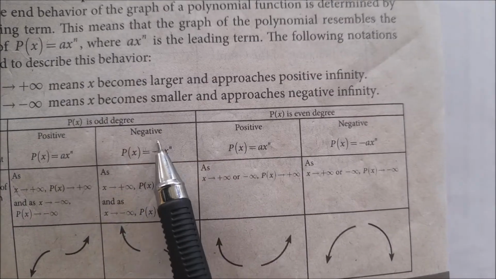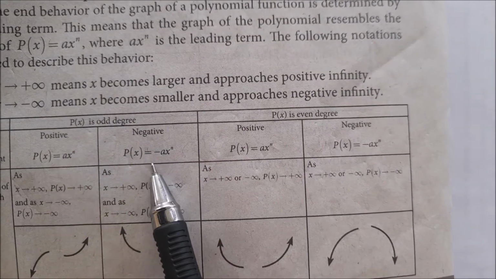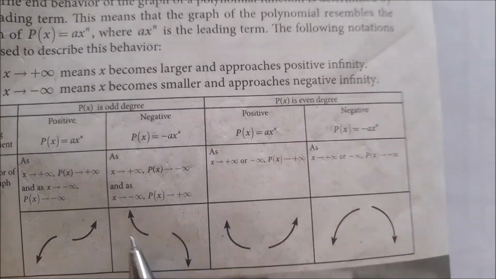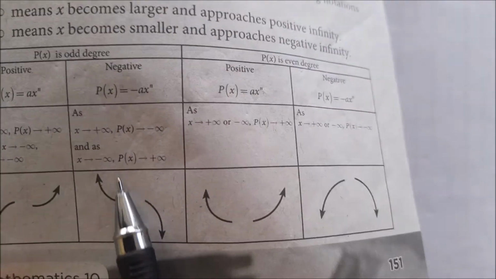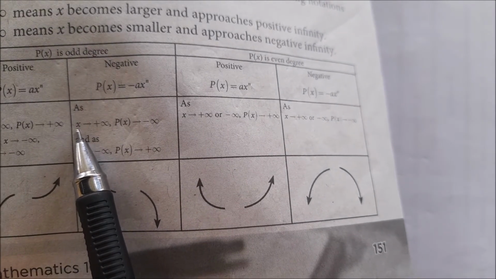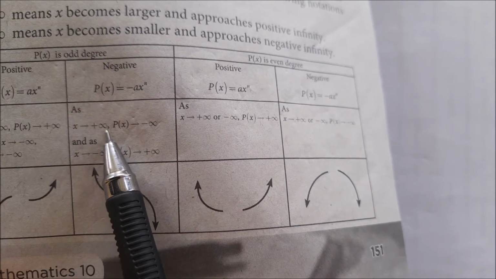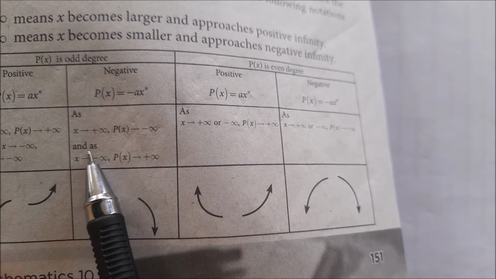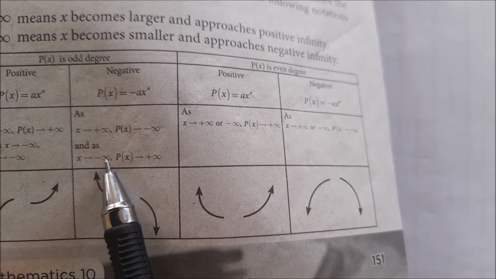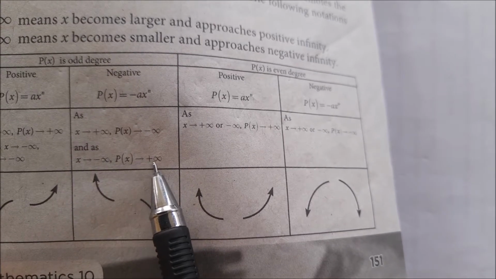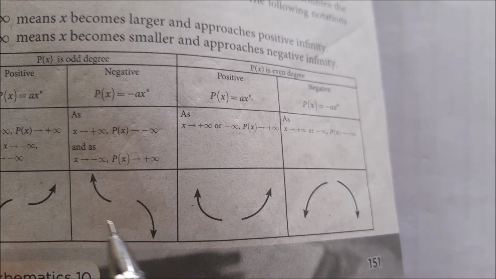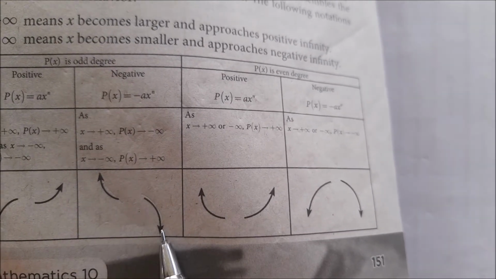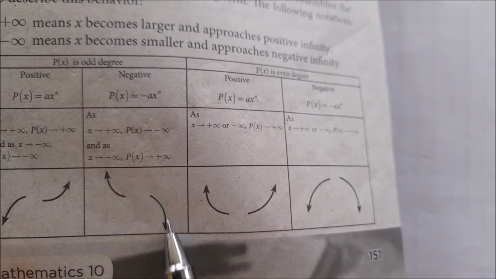And if it is a negative leading term and odd degree, the form is this one: as x approaches positive infinity, P of x approaches negative infinity, and as x approaches negative infinity, P of x approaches positive infinity. The form starts from the lower and ends lower.